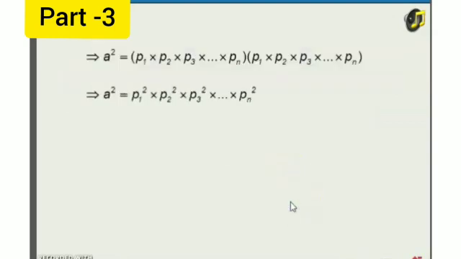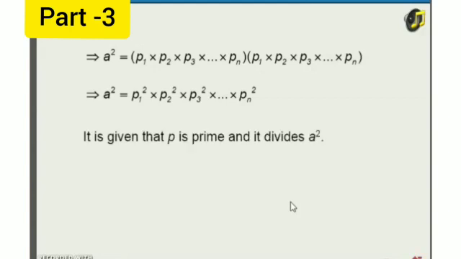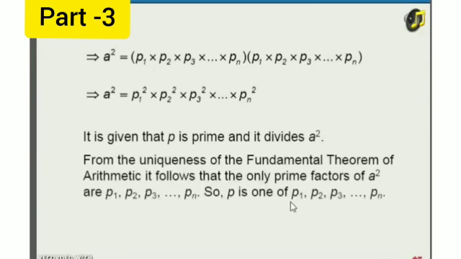Now, squaring both sides, you get a square equals p1 into p2 into p3 into pn, times the same terms, and you get a square equals p1 square into p2 square into p3 square into pn square. It is given that p is a prime and it divides a square.